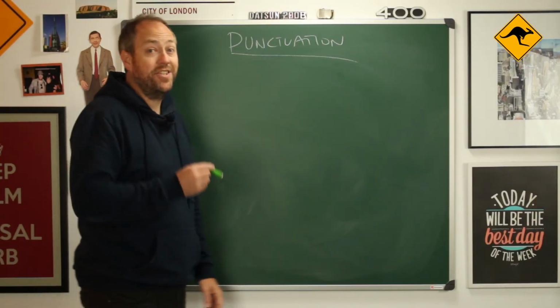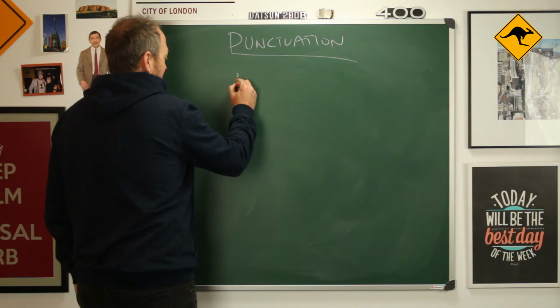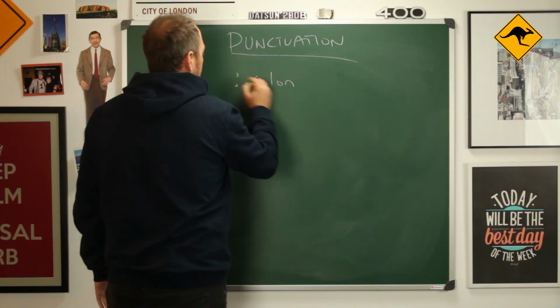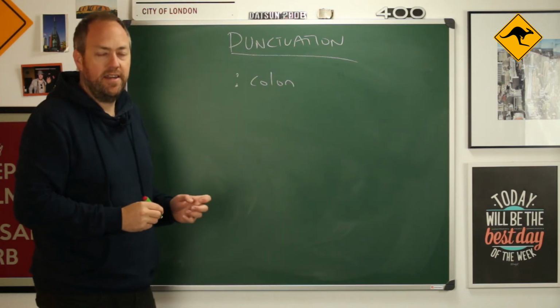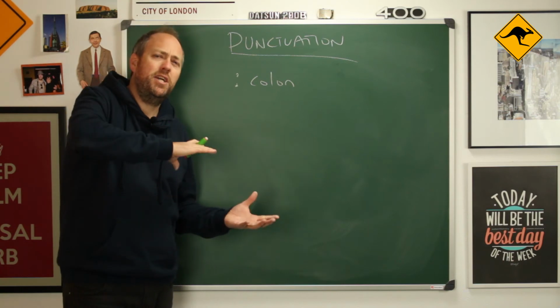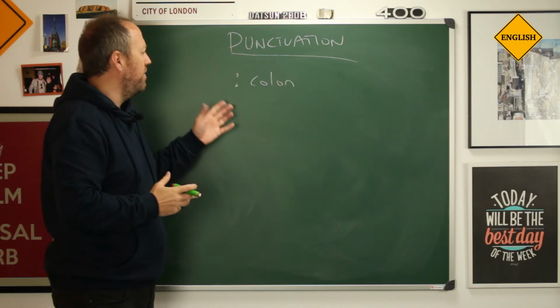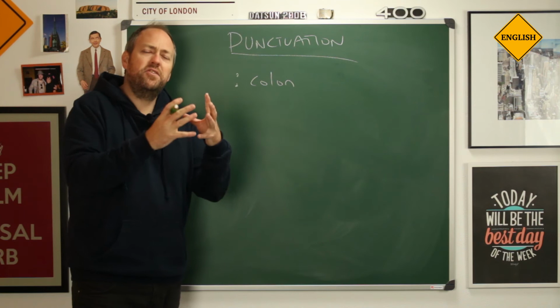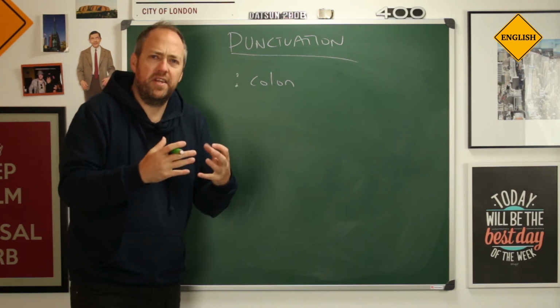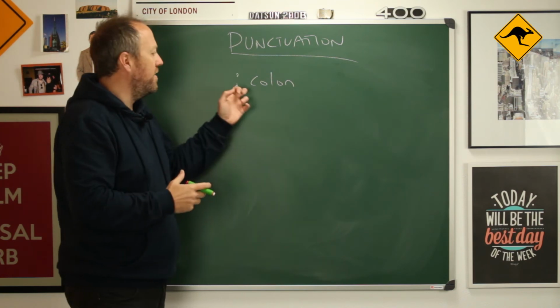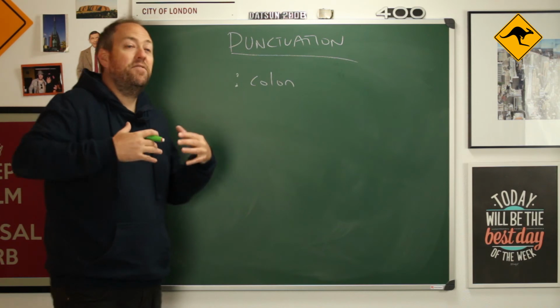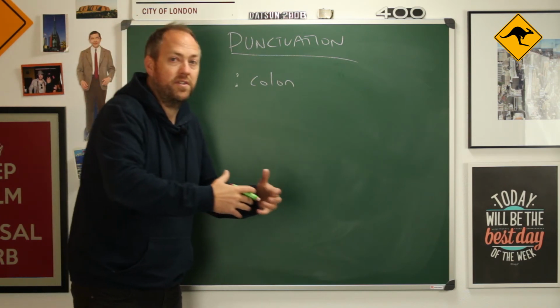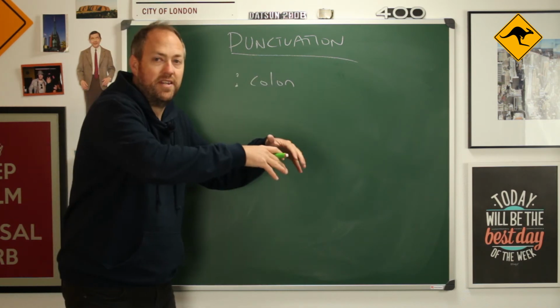Okay, the next mark is the colon. Okay, 2 dots, okay. So what's the difference between the semicolon and the colon? Well, the semicolon gives us a bit more of a pause than a comma, a bit more of a pause. But the colon actually gives us that sense of moving forward, like we should jump to the next idea.